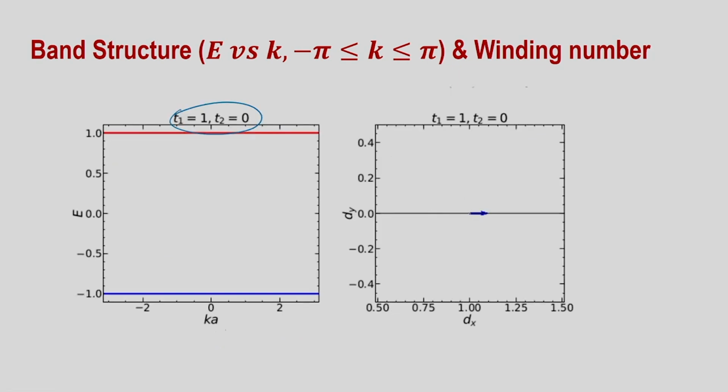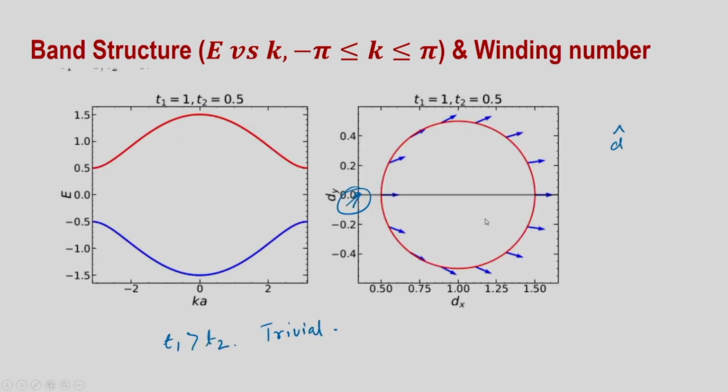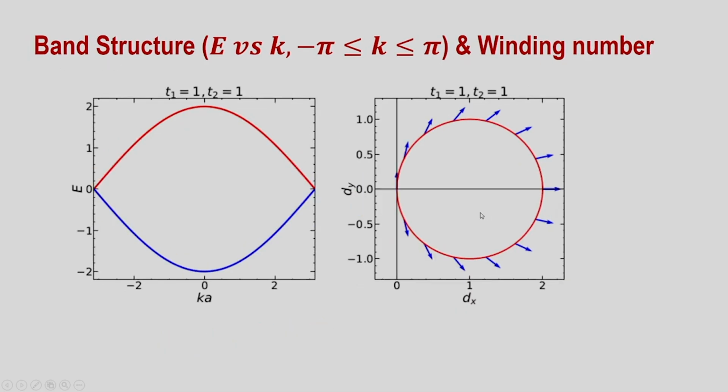So the winding is actually 0, winding is a point, there is no winding here. This is the d vector that is being shown. And here also it's trivial. This is the critical case, and I said that the critical case will show a gap closing scenario. You see at the corner of the Brillouin zone, which are minus pi and plus pi, the gaps close.